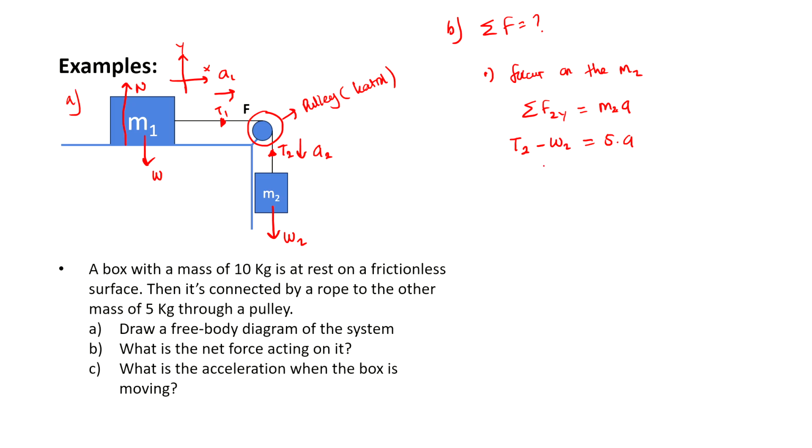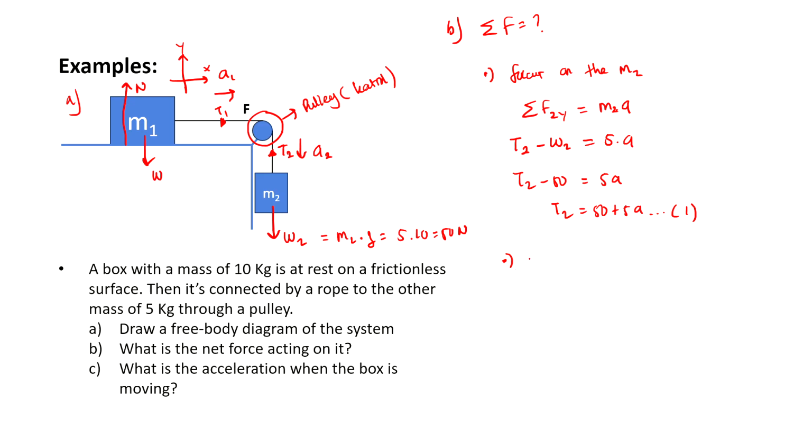As we already know, W2 is equal to M2 times g. M2 is 5 and g is 10, so it's 50 newtons. So we will have T2 minus 50 equals 5a. Then T2 will be equal to 50 plus 5a. Let's say that this is the first equation.